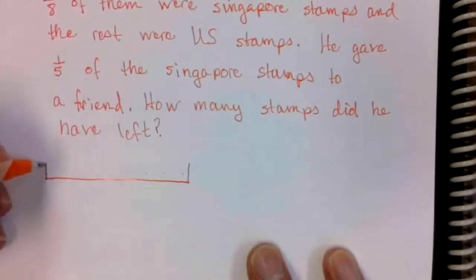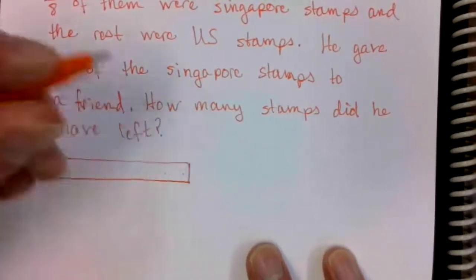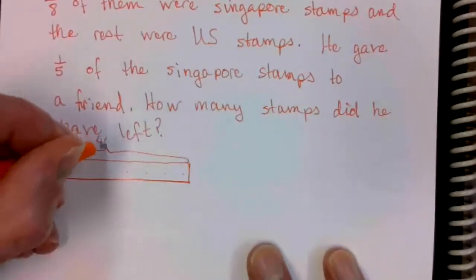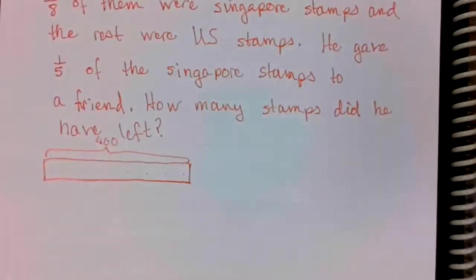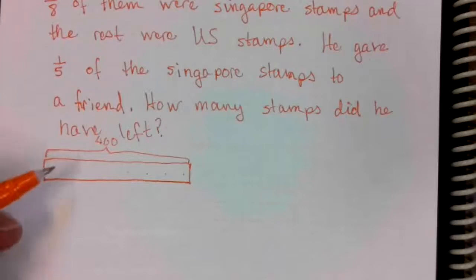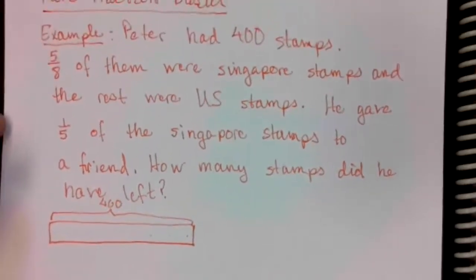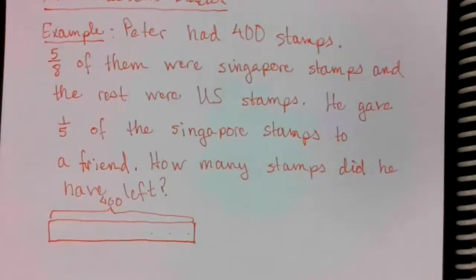I've got my bar, and this bar is going to represent the 400 total stamps. So how many units should I break this bar into? 8. Okay, and how do we know that?